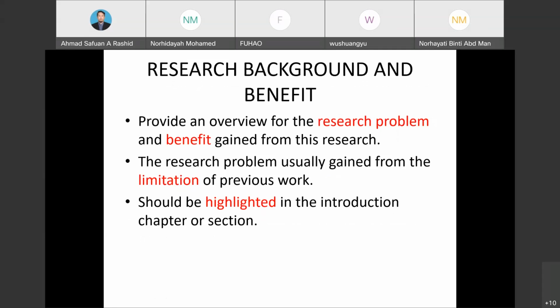Okay. Research background and benefits. Provide an overview of the research problems and benefits gained from this research. The research problem usually comes from the limitation of the previous work. So it is better if you can get a thesis rather than a journal.